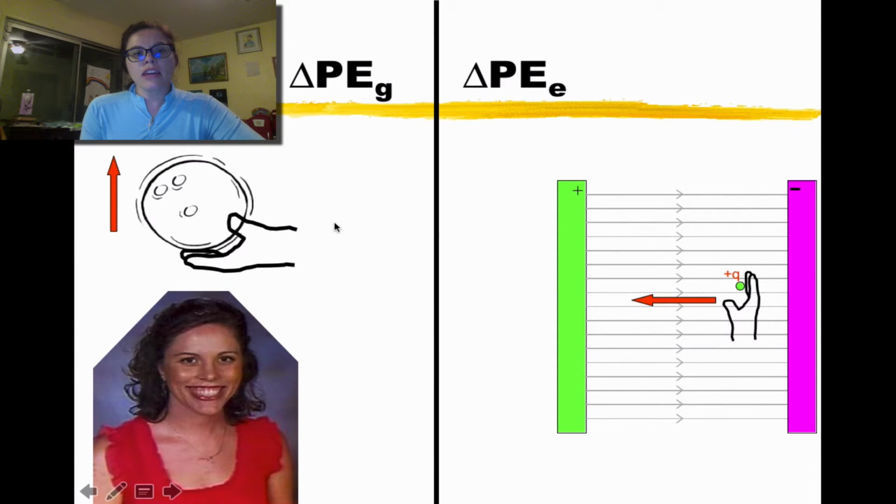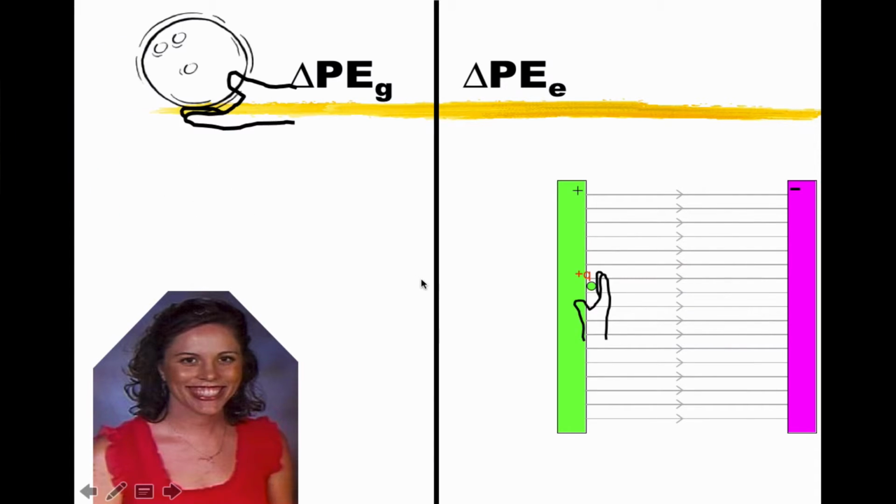So if I get an outside force, like a hand, pulling the bowling ball or pushing the bowling ball up, or the hand pushing the little charge object closer to this positive plate where it does not innately want to go. This bowling ball does not want to fly off my head. So we need an outside force. So this force is providing work.